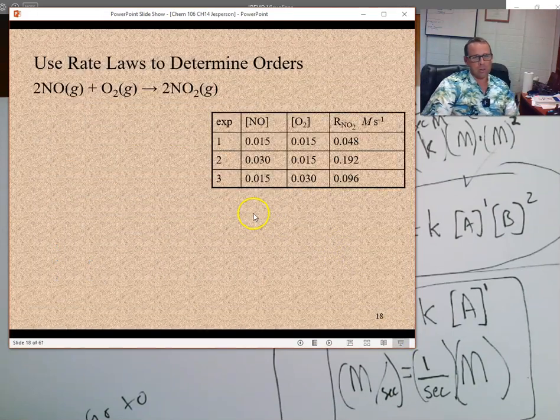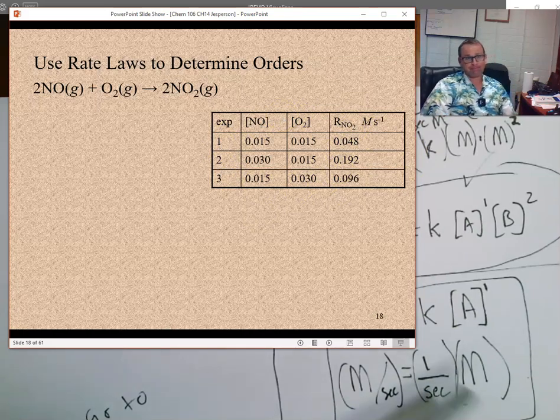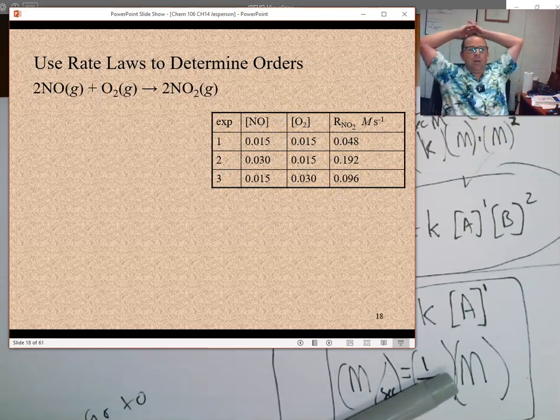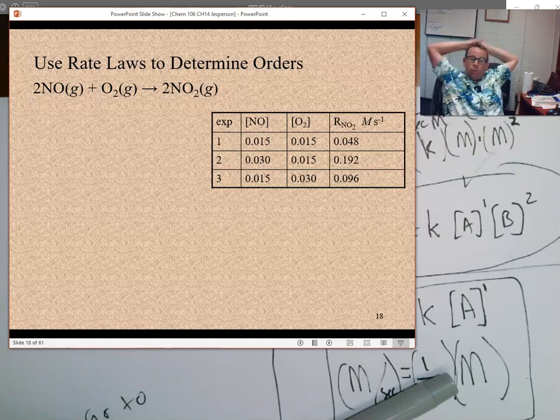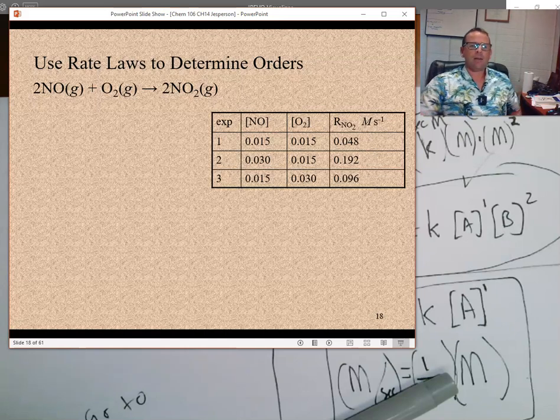Okay, so how do we use information about a chemical reaction like this to determine what the rate law is? Well, here's what we have to do. First, we identify the rate of a reaction.